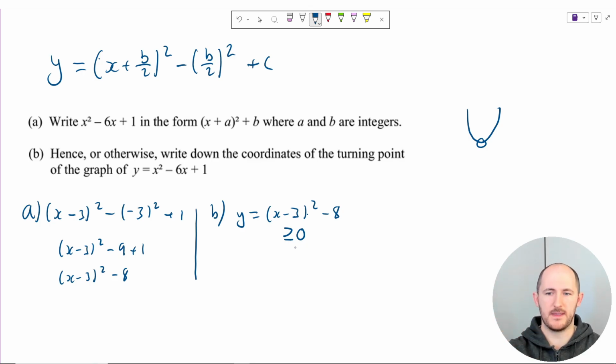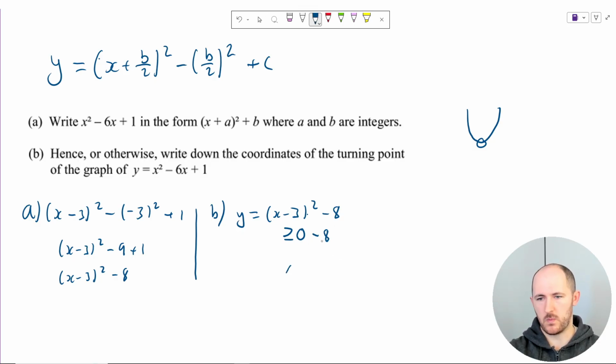Because think about it, if the bracket was -4, squared is 16, so it becomes positive again. Which, by the way, is why we have this curve up here where it goes back up. So if this is always bigger than or equal to 0, and then we're minusing 8, then that means this whole expression is always bigger than or equal to 0 minus 8. So in other words, the smallest value that y can be is negative 8.